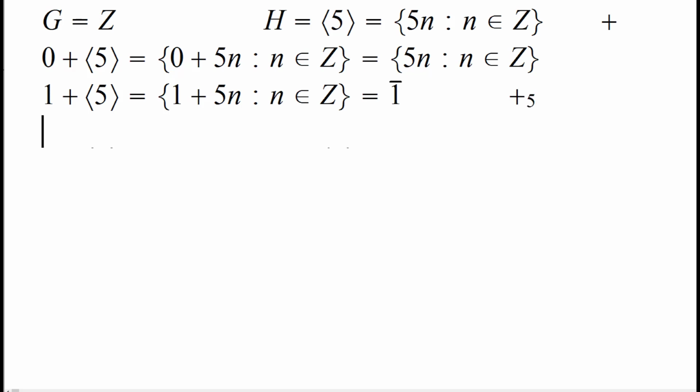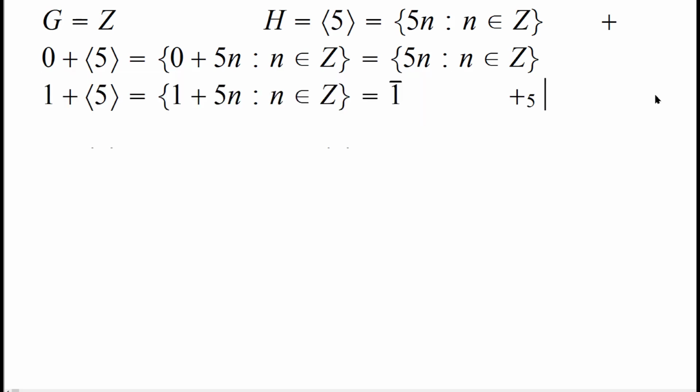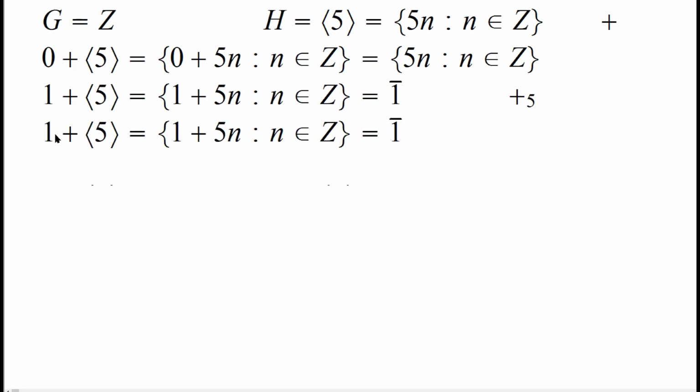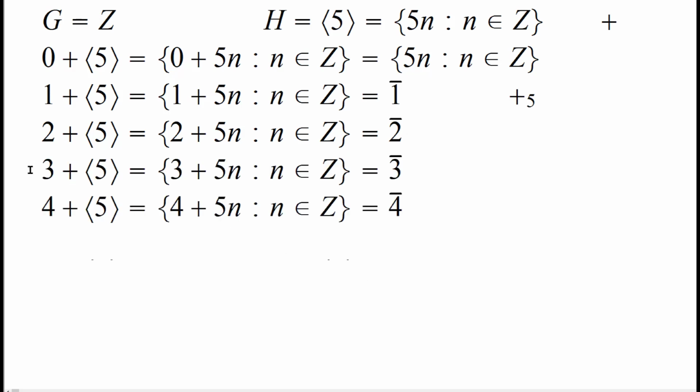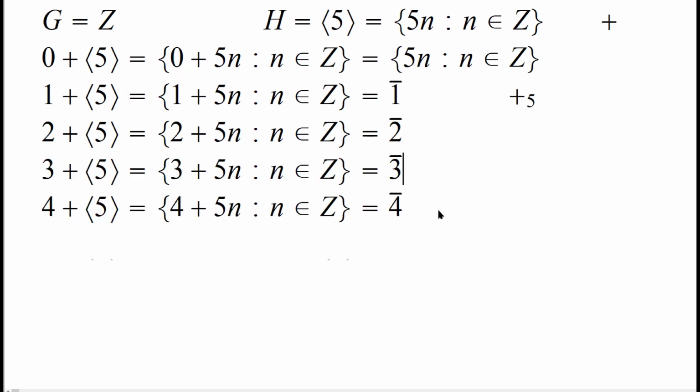And likewise, the other ones behave the same. That is, if we look at the equivalence class of 2, then again this is 2 plus 5n. So these are all the elements that are related to 2 modulo 5. So this is the equivalence class of 2 over there, right? And in the same manner, the equivalence classes of 3 and 4 are the sets of integers that are related to 3 and 4 modulo 5 respectively.